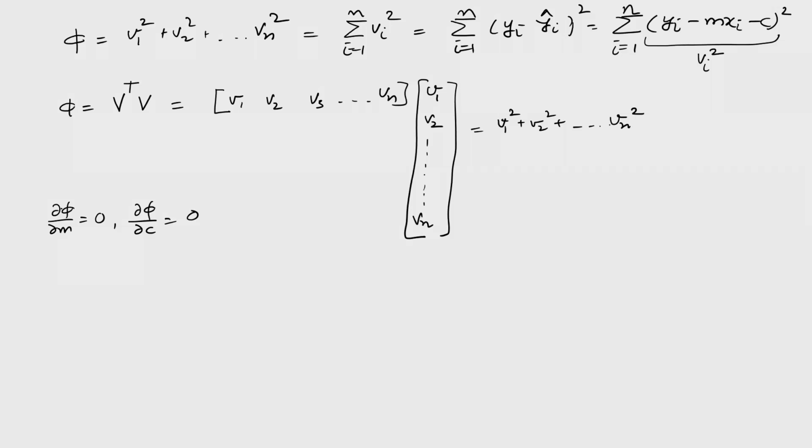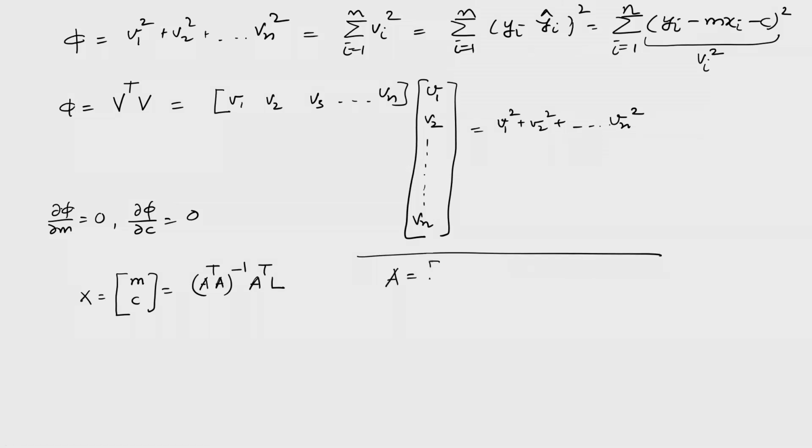and then we solve it. Here in the matrix form, I can write the solution X, which is nothing but m and c, given by A transpose A inverse A transpose L. And what is A? This is A matrix, x1 1, x2 1, xn 1.